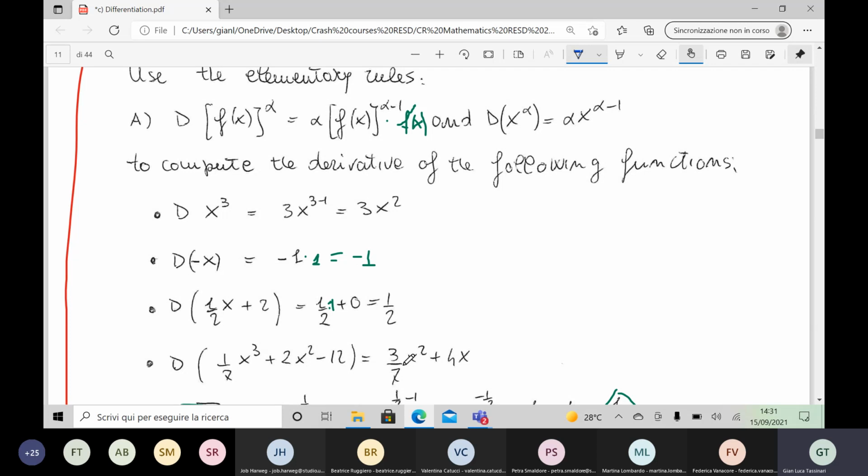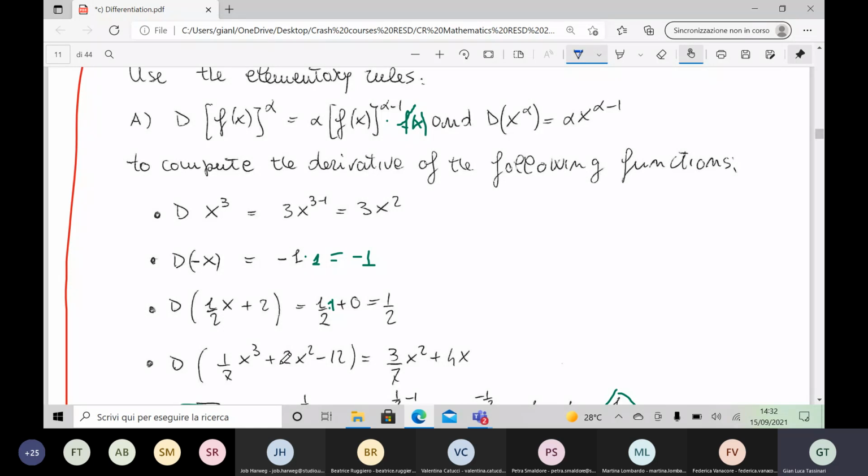Plus, here you have the derivative of a multiplicative constant that multiplies x squared. Copy in your brain the multiplicative constant, so you have plus 2 times the derivative of x squared. But x squared is, again, a function that can be derived by following this immediate rule. If you have a square here, the derivative is 2 times x to the power 2 minus 1, so 2 times x to the power 1, which is 2x.